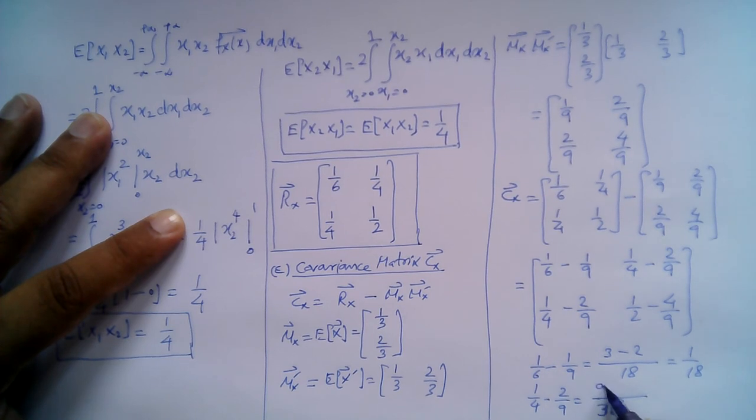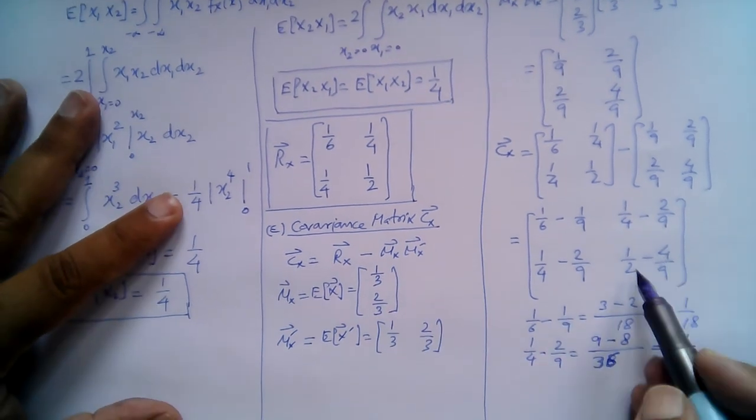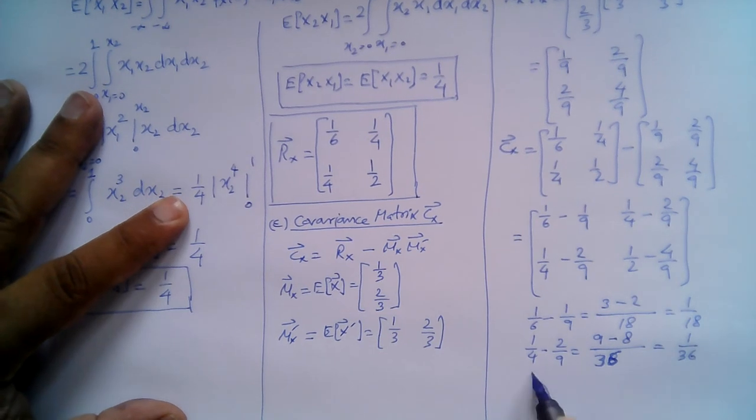So this is 9 here, 4 into 9, 36, and this is 9 into 4, 36, 4 into 8. So this will be 1 over 36. So this entry is the same as this one, and we are left with 1 over 2 minus 4 over 9. So the LCM again is 18 here. So this is 2 into 9, 18, minus 2 into 4, 8. So that is 1 over 18.